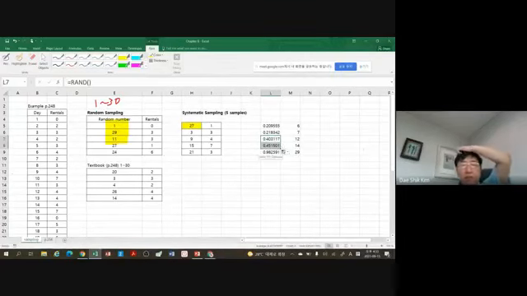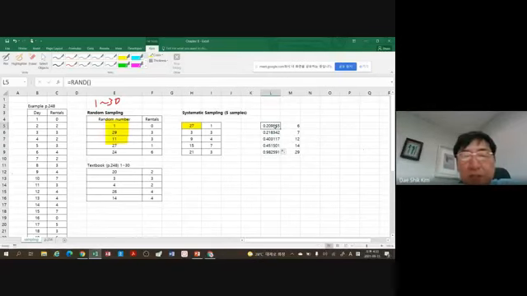Okay, that's simple random sampling, but I do not recommend just generating a decimal between 0 and 1, then multiplying and rounding. That is not a smart way. The smart way is to use the RANDBETWEEN function: bracket, starting number, comma, ending number, bracket.